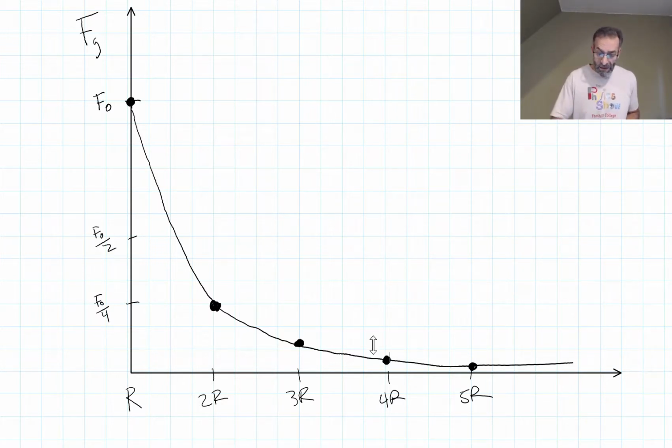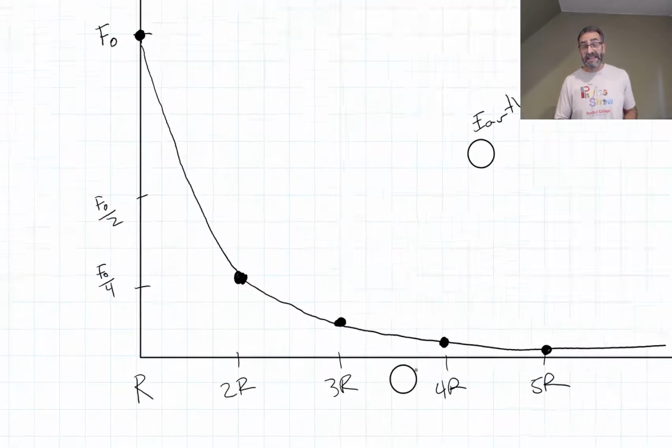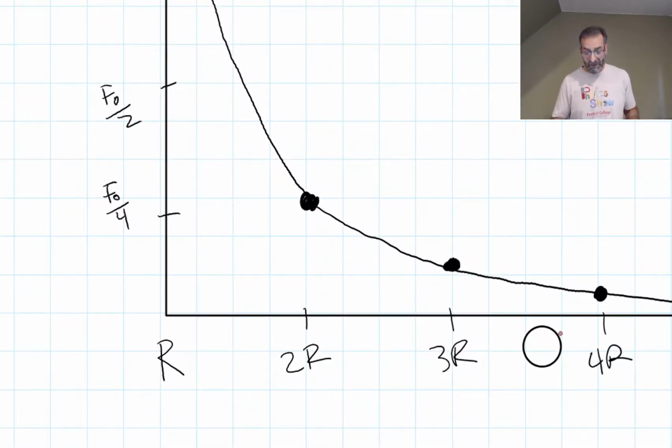So let's say my Earth is this big. Now let me take my Earth and I'm going to put it over here. In this case, the Earth is interacting with an object that's far away from it.